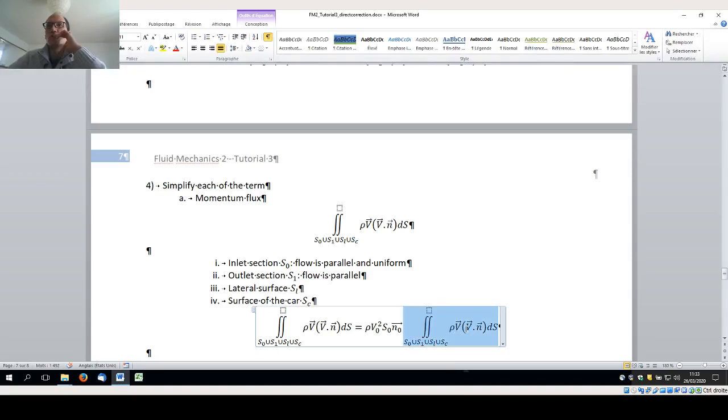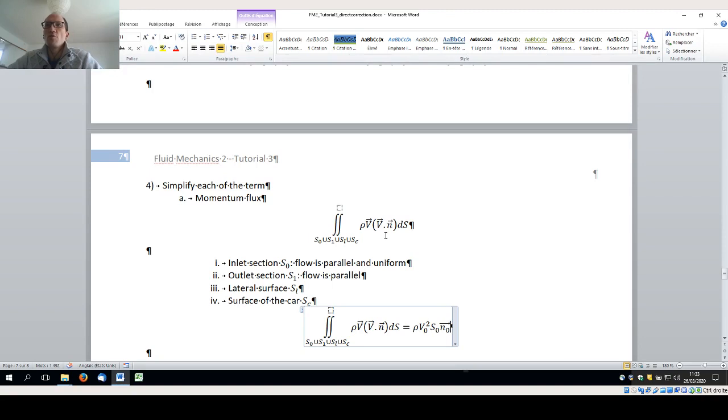So it gives you this integral for rho v0 directed along the normal n0. The flow is parallel and uniform, so the integral is very simple to evaluate.